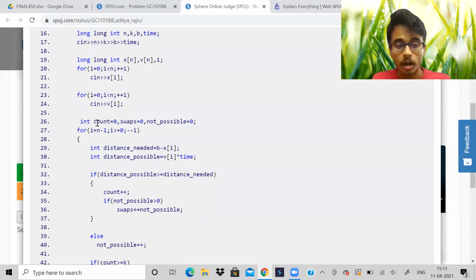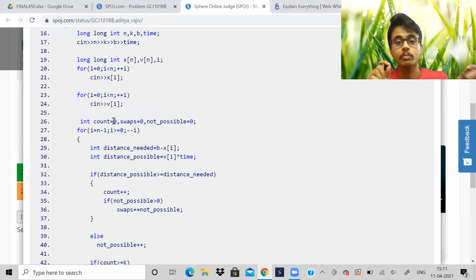Okay. Now what are these three variables? Count, swap, not possible. Count represents how many chicks can reach the barn. Swaps represent how many swaps we have to do so that those many chicks can reach the barn.